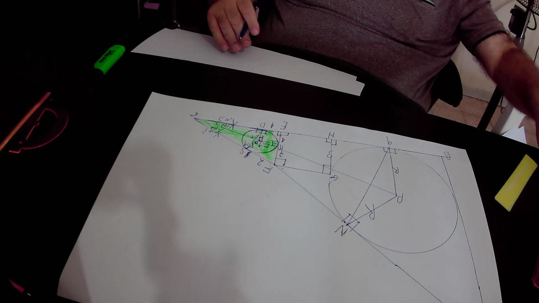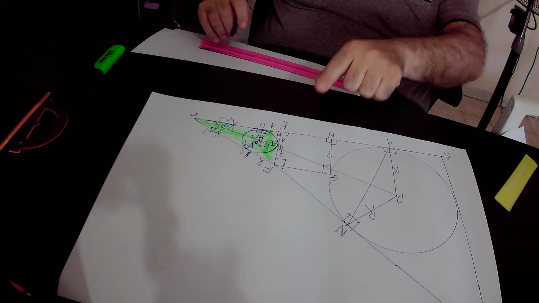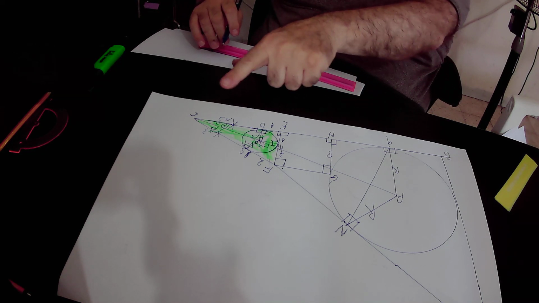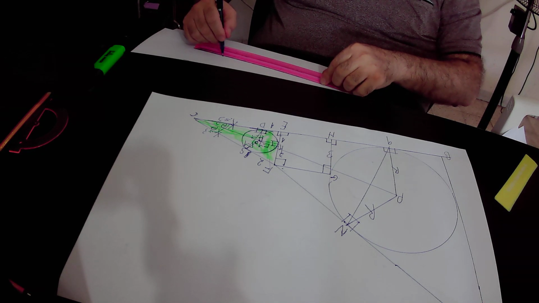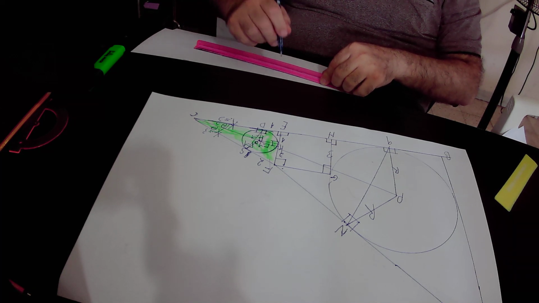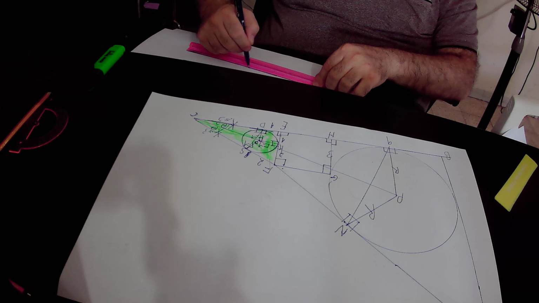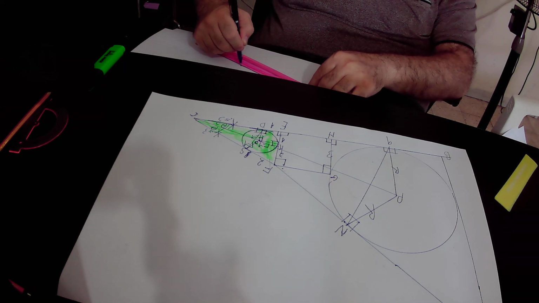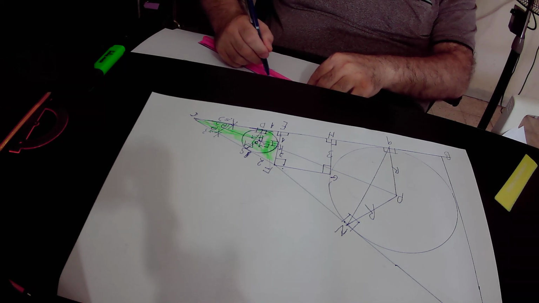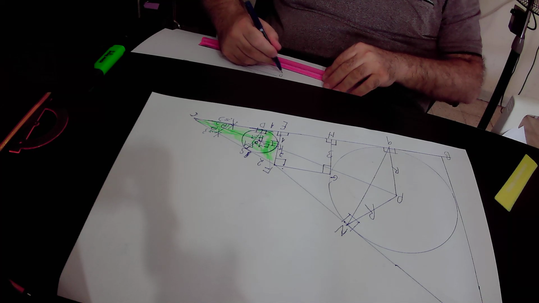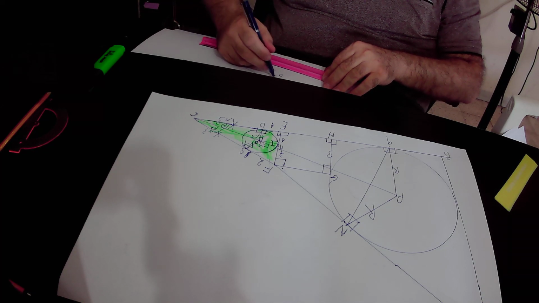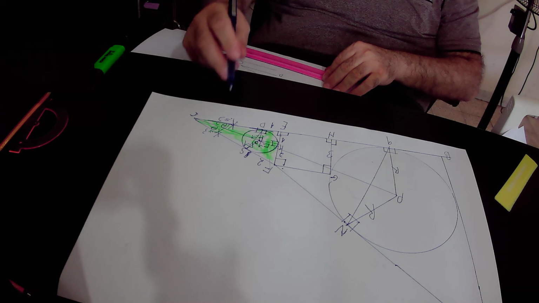therefore we have here angle DCO. This angle DCO is equal to theta.